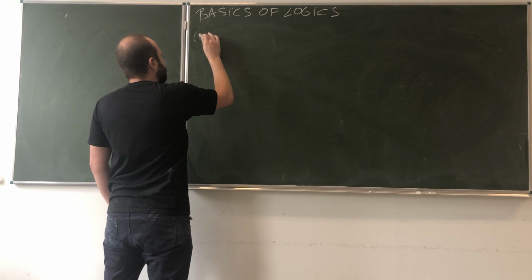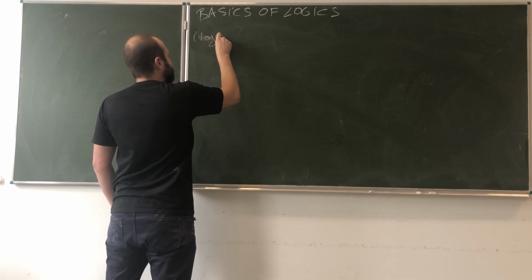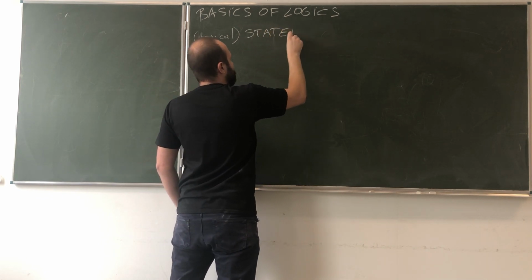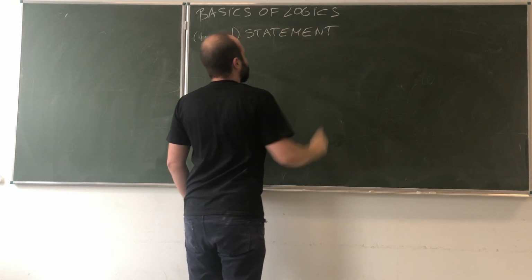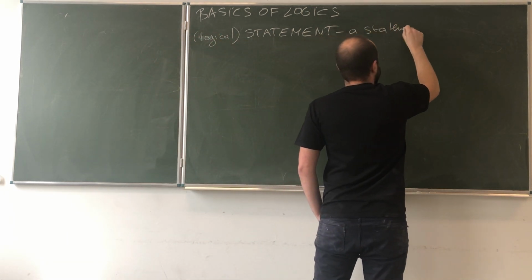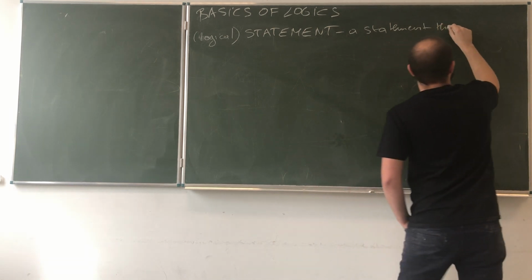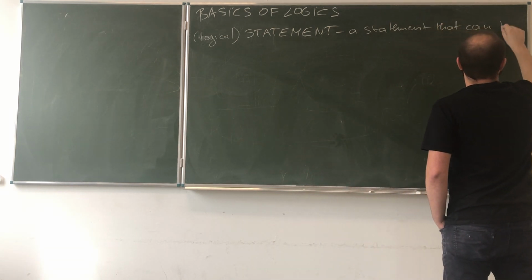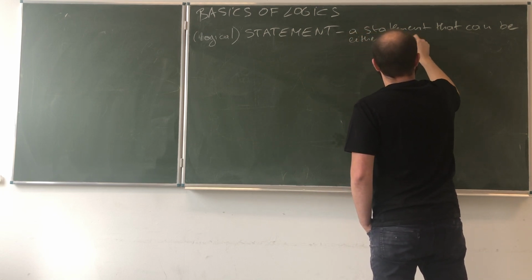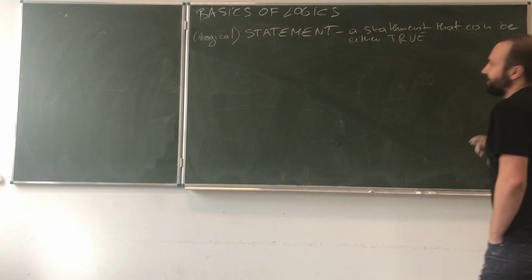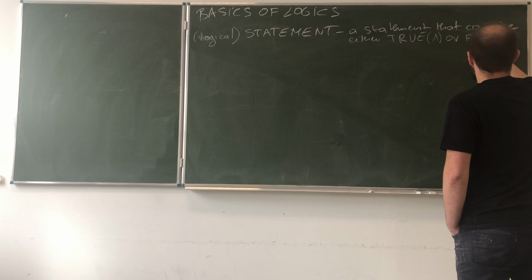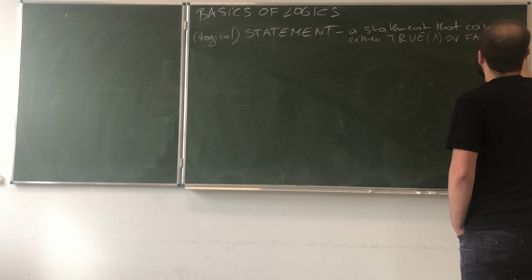So first, a logical statement is a statement that can be either true, which in logics we denote as 1, or false, which in logics we denote as 0.